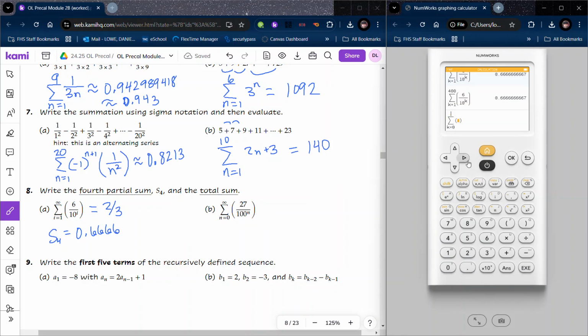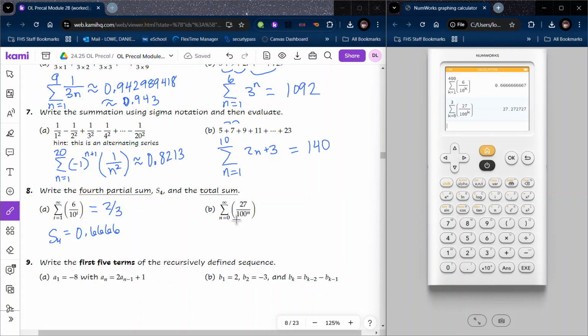If I look to part B, right, my fourth partial sum, I have to be careful. I'm starting at 0, so the fourth partial sum is going to be with the top being at 3. And so then I have 27 divided by 100 raised to the, not the third, right, raised to the counter power.